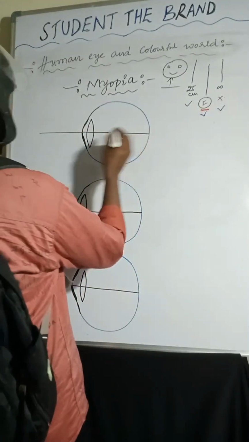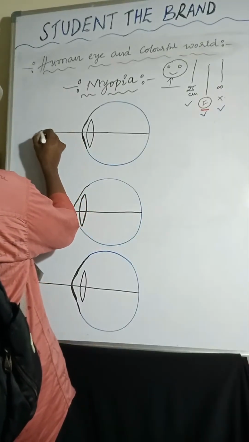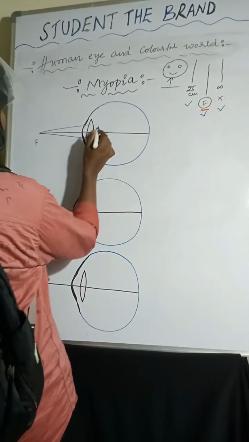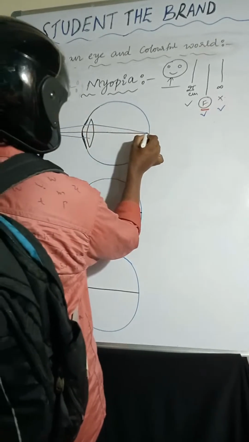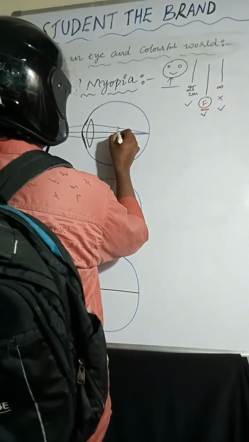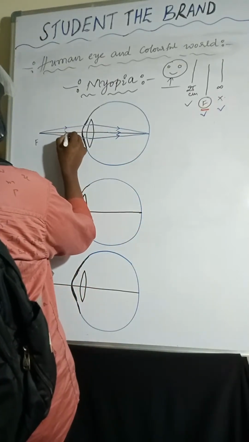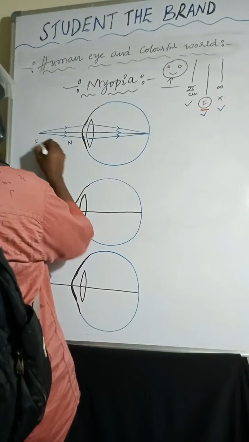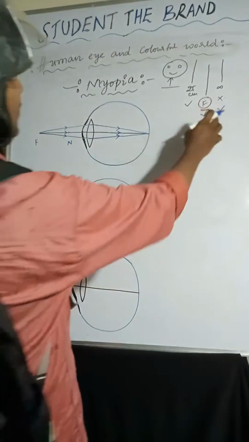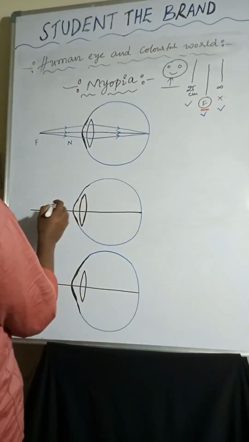As I said, if the light rays are coming from the far point, the person can see. This is the near point, far point. Now, if the light rays are coming from infinity, you can't see, but where the light rays meet, we will see.